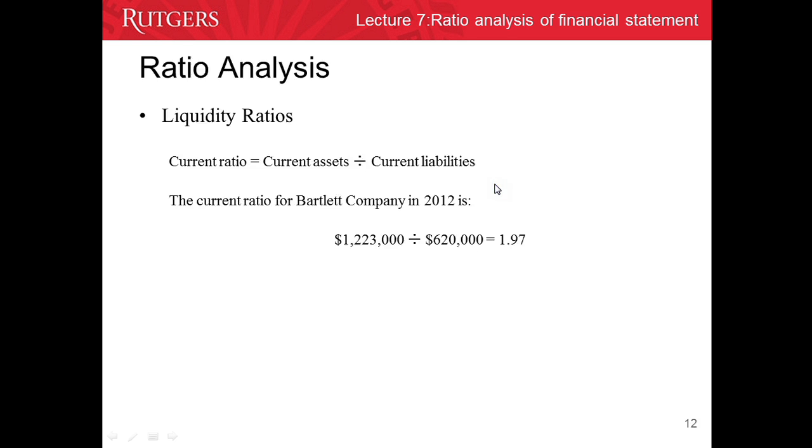So when we calculate the current ratio, we just need to use 1,223,000 divided by 620,000. It equals 1.97.